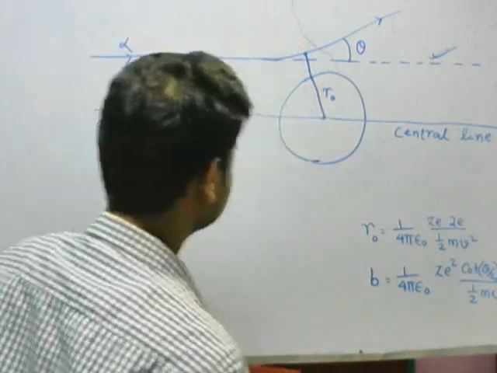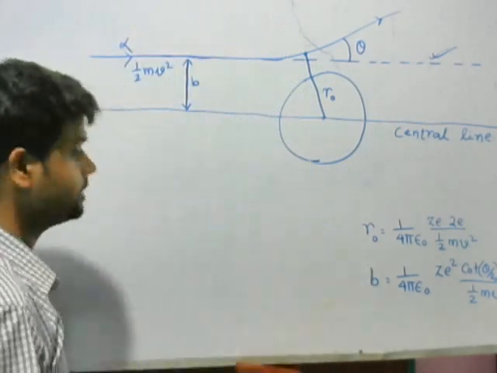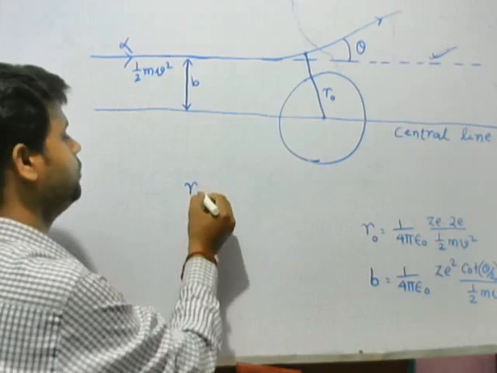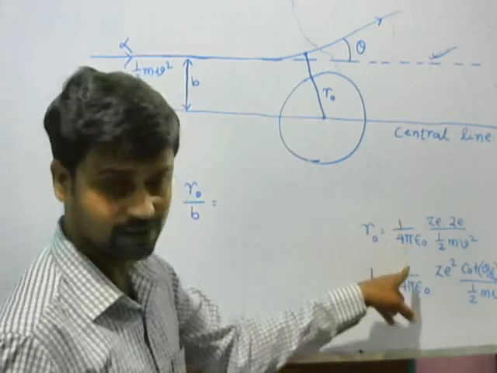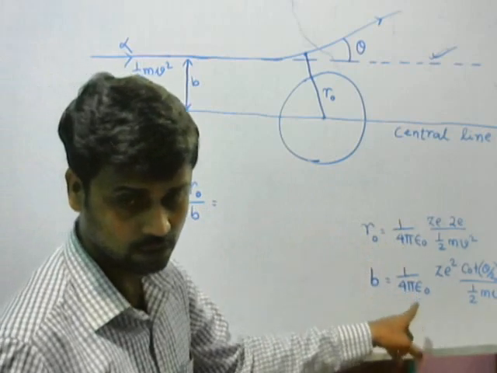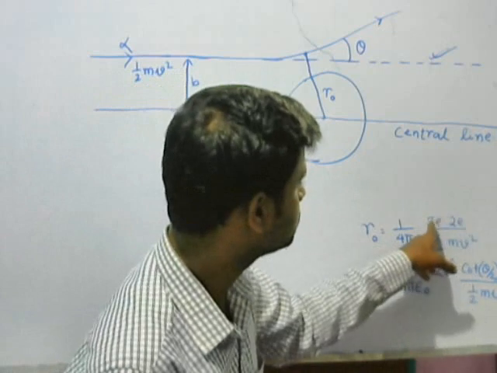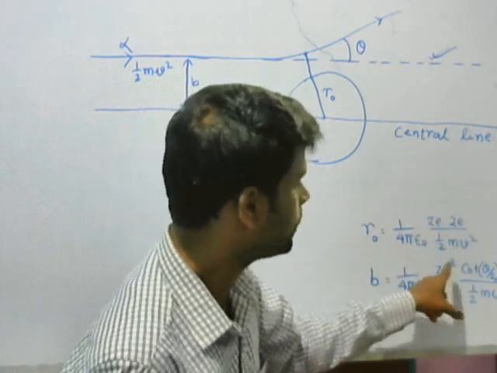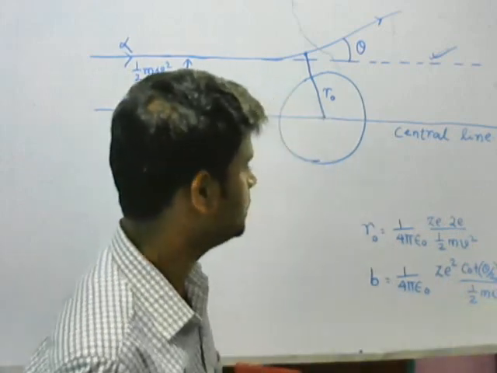Let's see. If I divide these two equations, then I can write R0 by b is equal to 1 by 4 pi epsilon 0, 1 by 4 pi epsilon 0 cancel each other, Ze square cancel each other, half mv square cancel each other.